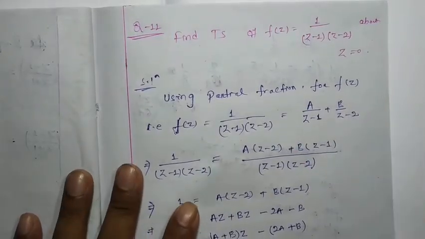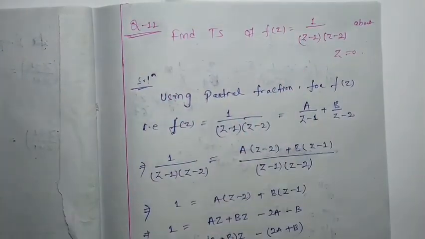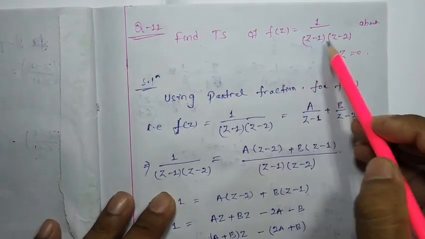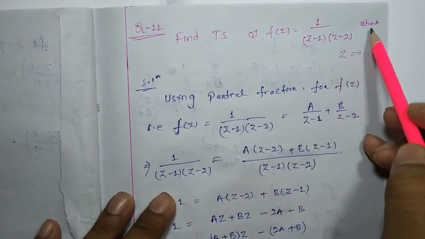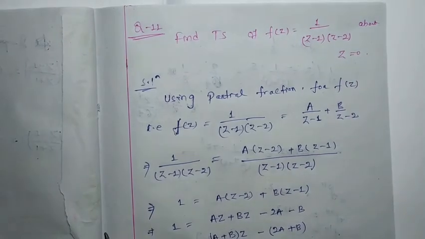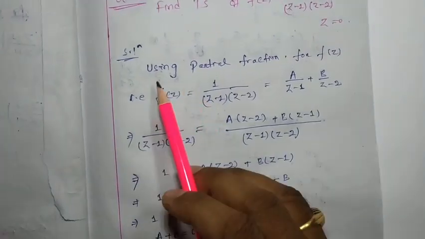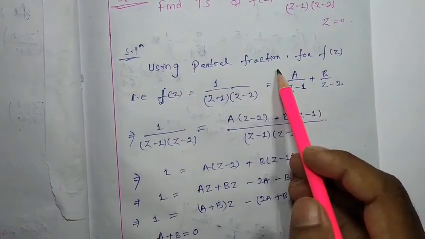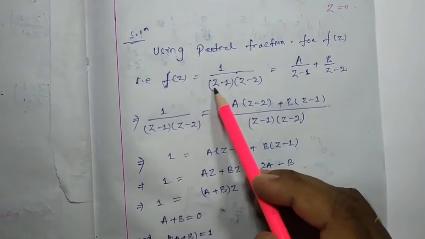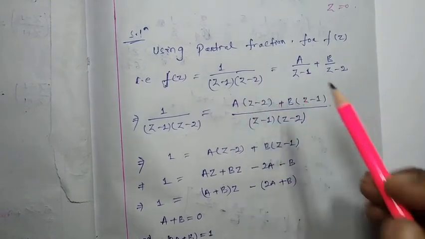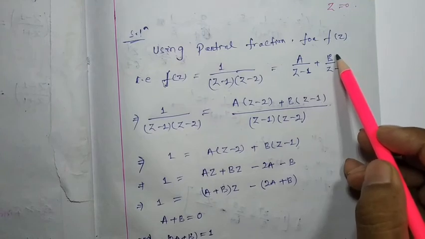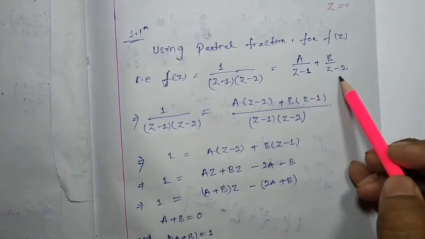So this is your first question: find the Taylor series of f(z) equal to 1 by (z minus 1)(z minus 2) about z equal to 0. Very simple question. Here we are going to use partial fractions. f(z) equal to 1 by (z minus 1)(z minus 2) can be written as a by z minus 1 plus b by z minus 2.